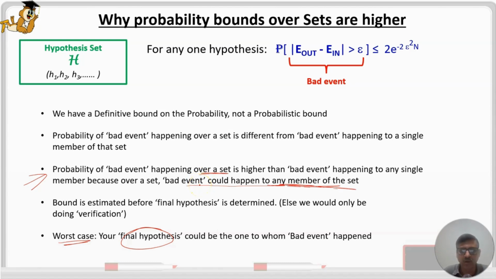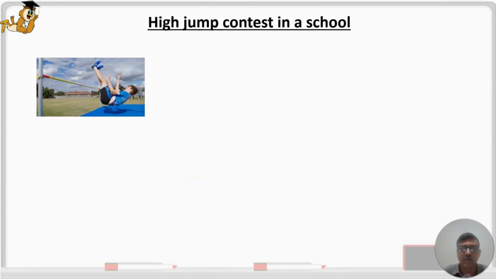Okay. Now, this is something that some people still have an issue with. So, I'm going to explain it with an analogy. A high jump contest in a school.